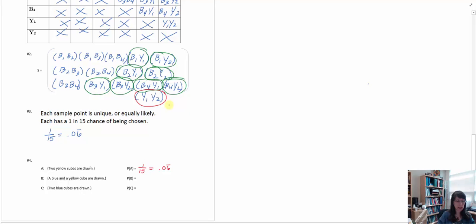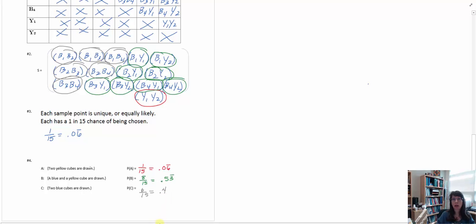So here we have 8 out of the 15 events have 1 blue and 1 yellow. So 8 out of 15 is equal to 0.53 repeating. And finally, 2 blue cubes are drawn. So we'd have 1, 2, 3, 4, 5, and 6. 6 out of 15 of these sample points have 2 blue, and that is 0.4.